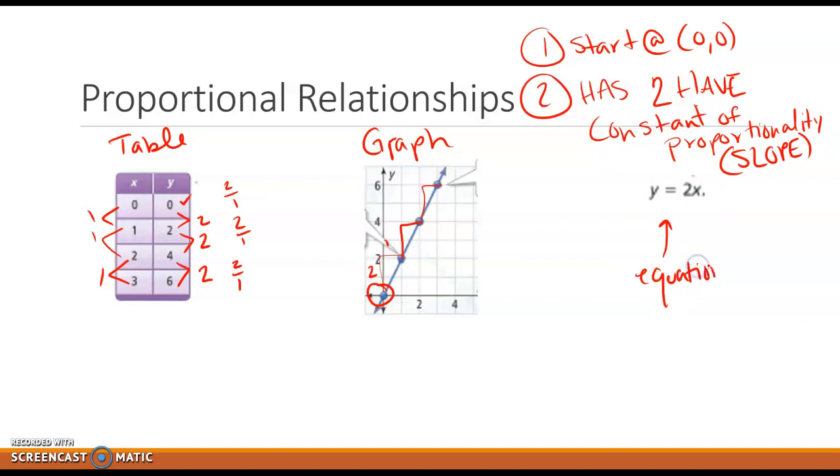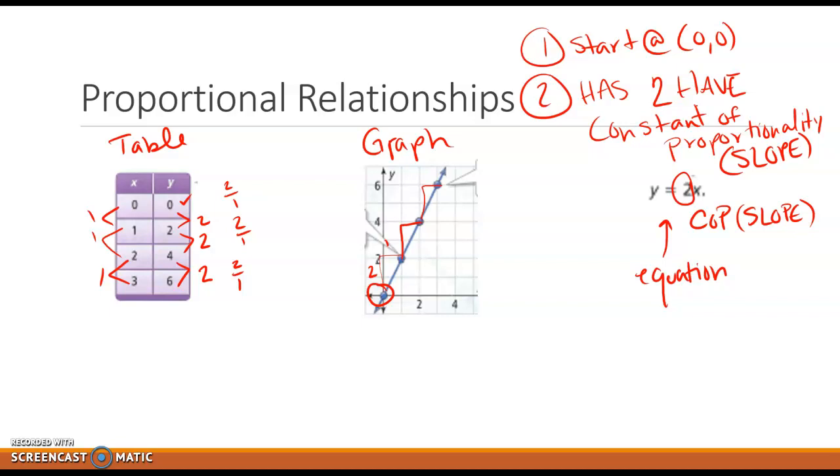We start at 0, 0, and this is our constant of proportionality, our COP, or otherwise our slope. So that's what a proportional relationship means.